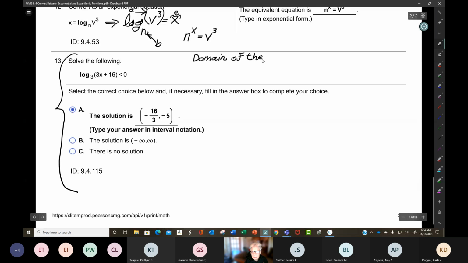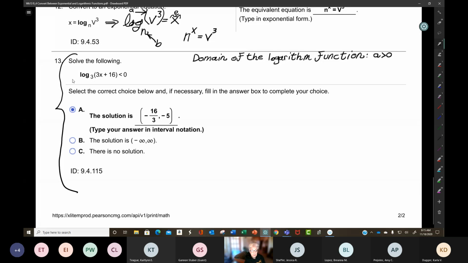I should say logarithm, I guess, because it means ln also. Okay, it's this. The argument must be strictly greater than 0. It cannot even equal 0.